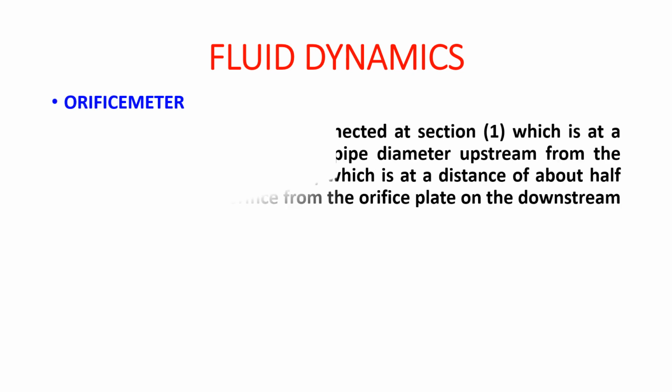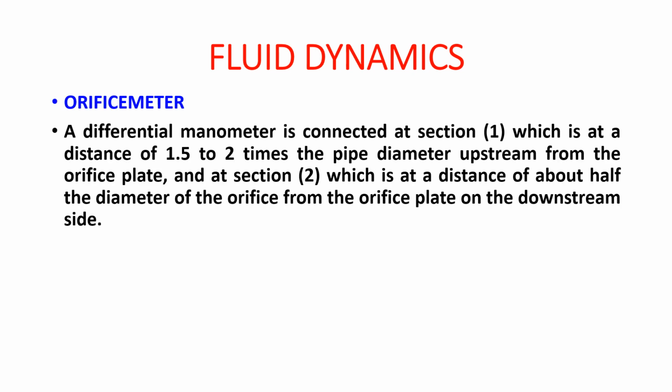Then a differential manometer is connected at section 1, which is at a distance of 1.5 to 2 times the pipe diameter upstream of the orifice plate, and at section 2, which is at a distance of about half the diameter of the orifice from the orifice plate on the downstream side.